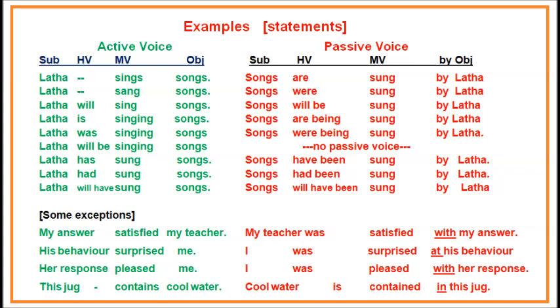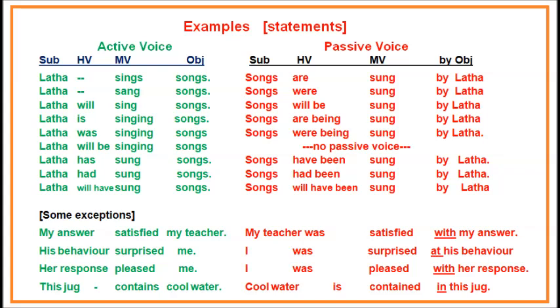Songs are sung by Lata. So here, are is added extra. That means be form is added before the verb and the verb is in the V3 form, past participle form.